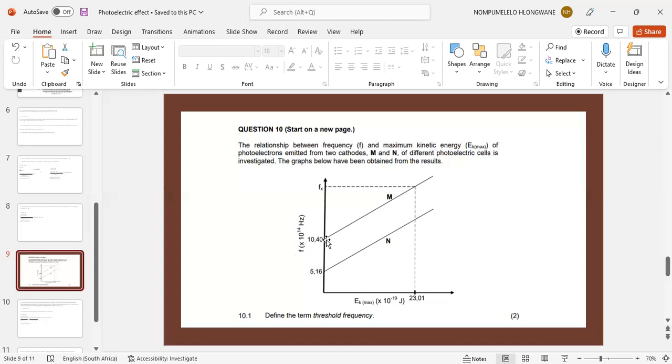Cathode M needs a minimum frequency of light that is 2 times that of N to eject electrons. So if I shine light of frequency 11 or 12 hertz on this cathode, the electrons are going to be ejected from the metal surface, yes, but their kinetic energy will most likely be lower.